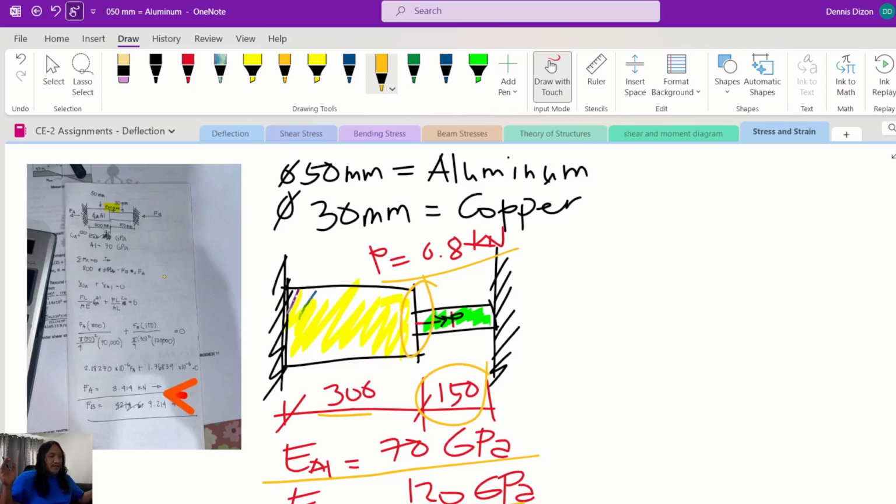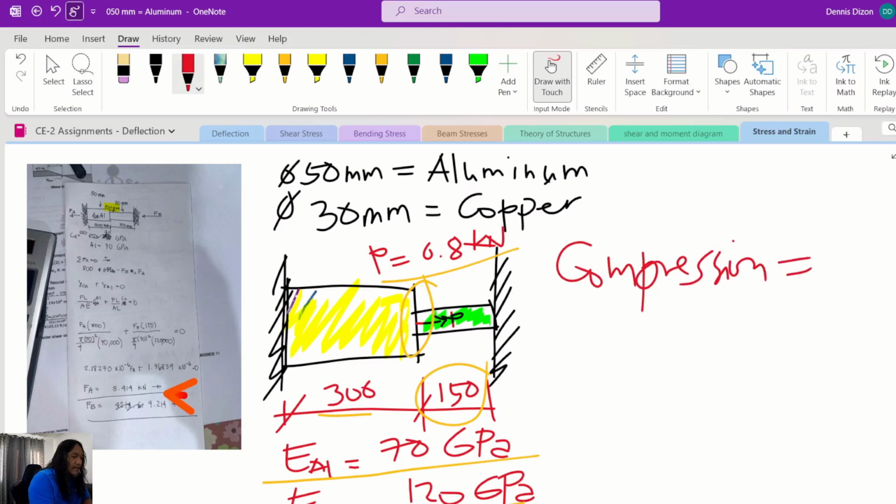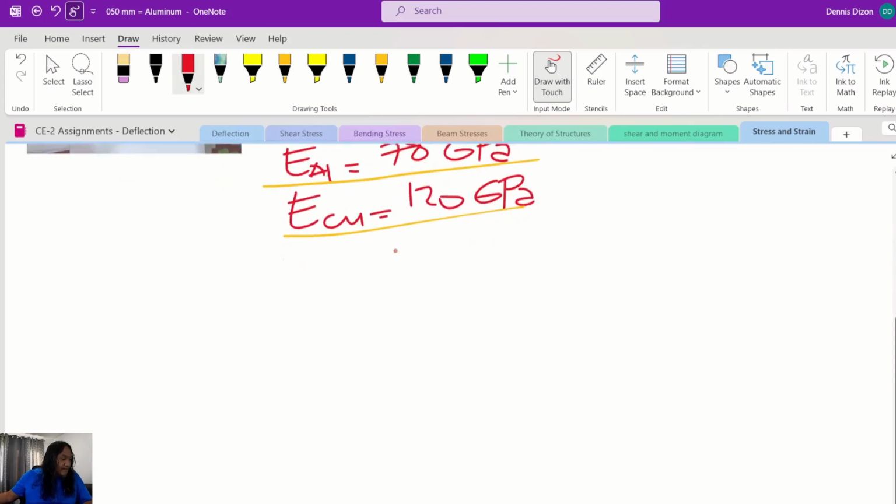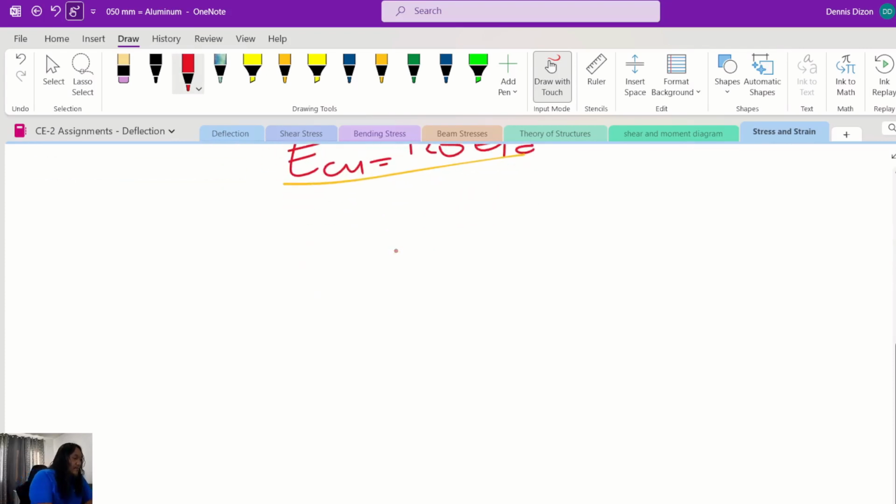Now if the material is subjected to a compressive force, it will contract. So we have two types of forces that will be acting on this kind of problem.